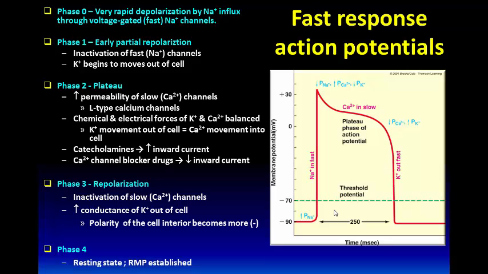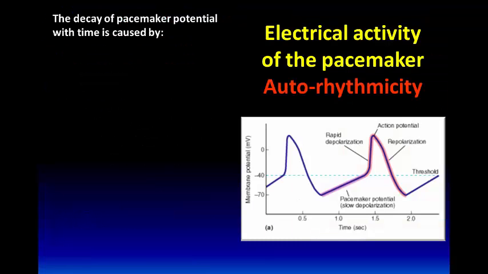And we mentioned that the sinoatrial node is capable of generating rhythmical electrical impulses, the cardiac impulses, independent of any extrinsic stimulation. And this is what we call autorhythmicity. So now we shall describe autorhythmicity in more detail.